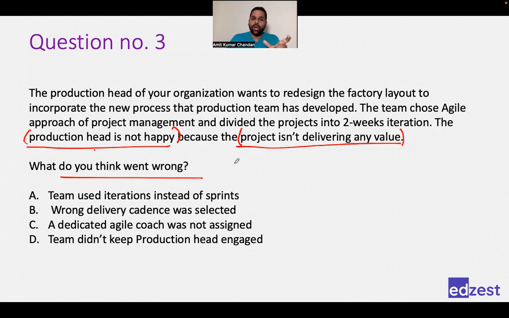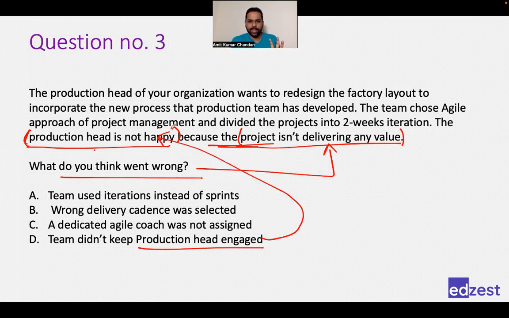And what do you think went wrong means, what went wrong that the project isn't delivering value? If we read this question wrong, then we may be looking for the answer why production head is not happy, but that is already there in the question. Right? So team did not keep production head engaged. That could result in production head being not happy. Okay, but that does not mean that the project isn't delivering any value.